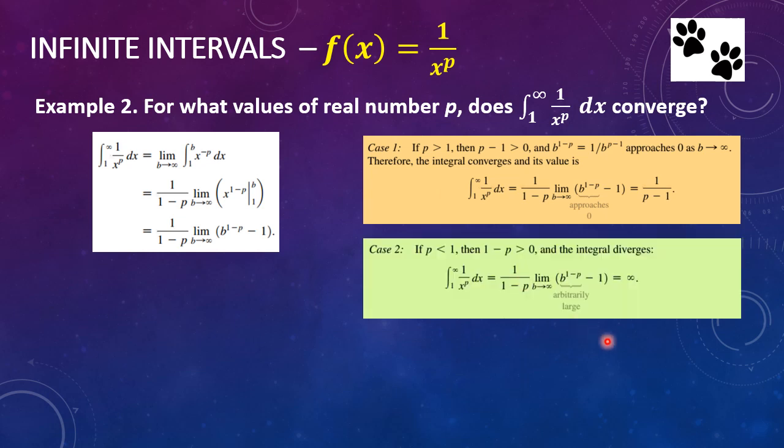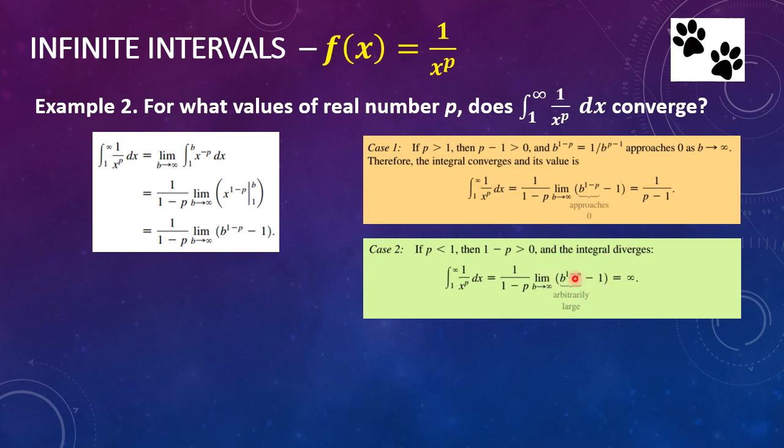This is case 2. If p is less than 1, then 1 minus p is positive, so b to the 1 minus p is b to a positive number. If b is infinity to a positive number, even if it's a fraction, like 1/2, the square root of infinity is still considered infinity.